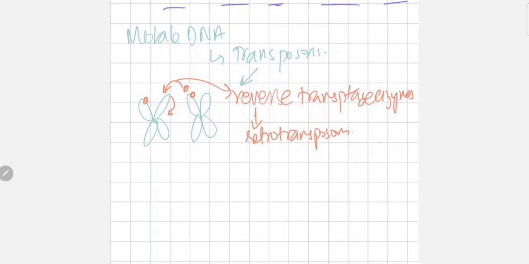This only happens in the eukaryotes, not in prokaryotes. And it also uses an enzyme called transposase. Transposase. This is the reverse transcribing activity of the retrotransposons.